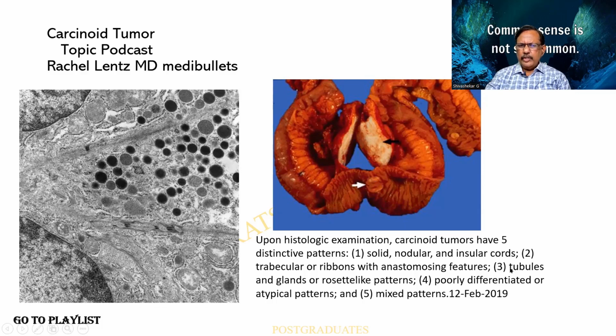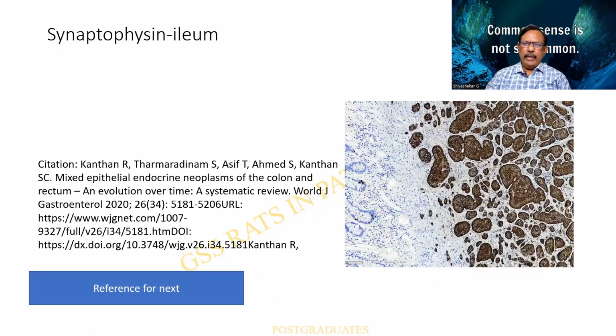There are various patterns shown, that is, it can be nodular, solid, insular, trabecular, or in ribbons, tubules or glands, rosettes, etc. They may be poorly differentiated or well differentiated, sometimes atypical, and mixed patterns also can be possible. Synaptophysin of the ileum. This is the one. And this incidentally is the reference for the next one.